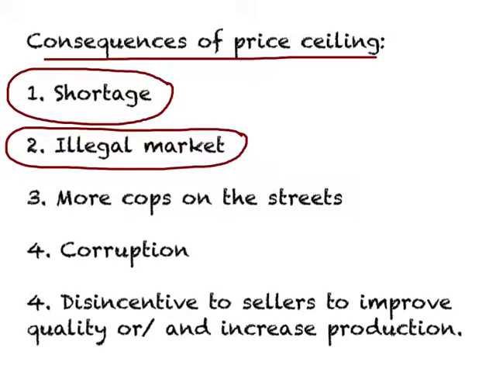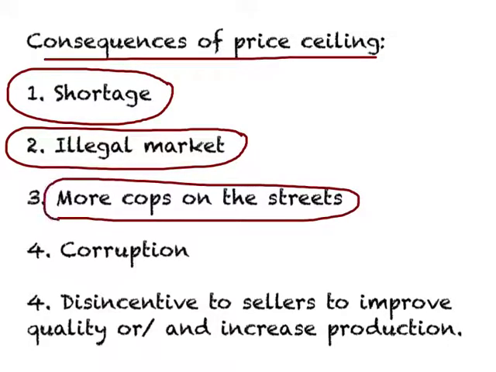Now to enforce a price ceiling that has been set by the government, it is going to put more cops on the street. Now when the government puts more cops on the street, they'll have to enforce the price ceiling, and it is entirely possible, it's just in the realm of possibilities, that we may be able to bribe the cops to get what we want, and so the corruption increases.